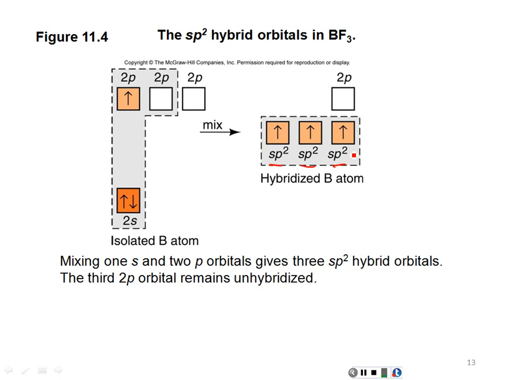I should point out that if you have 3 identical orbitals, you get one from the s, one from the p, and another one from the p. So that becomes sp2. You add the number of atomic orbitals up, and that has to equal the number of hybridized orbitals you form.